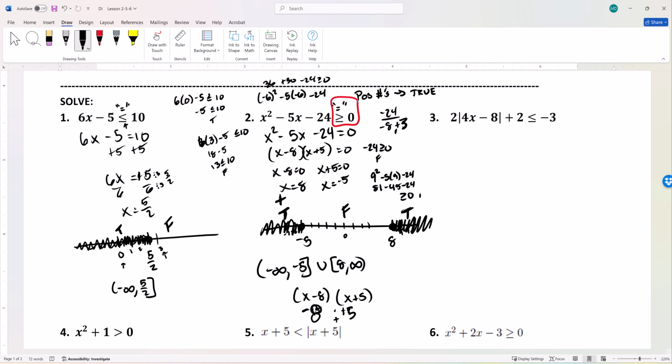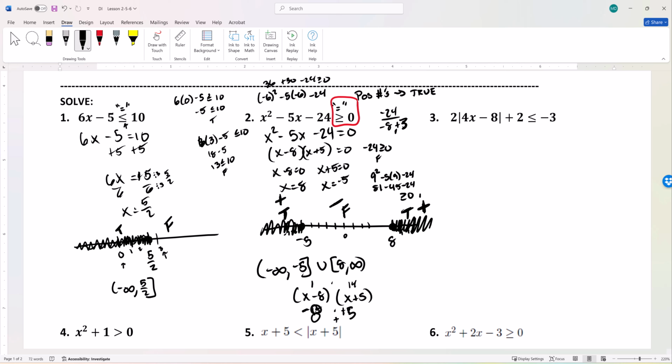A negative times a positive is a negative. If I plugged in, say, 9, minus 8 is 1, 9 plus 5 is 14. Positive times a positive is a positive. Notice the positive values are true. It's a little easier, a little quicker by thinking of it that way. And when we're dealing with the zero product principle, you can use that method every single time.